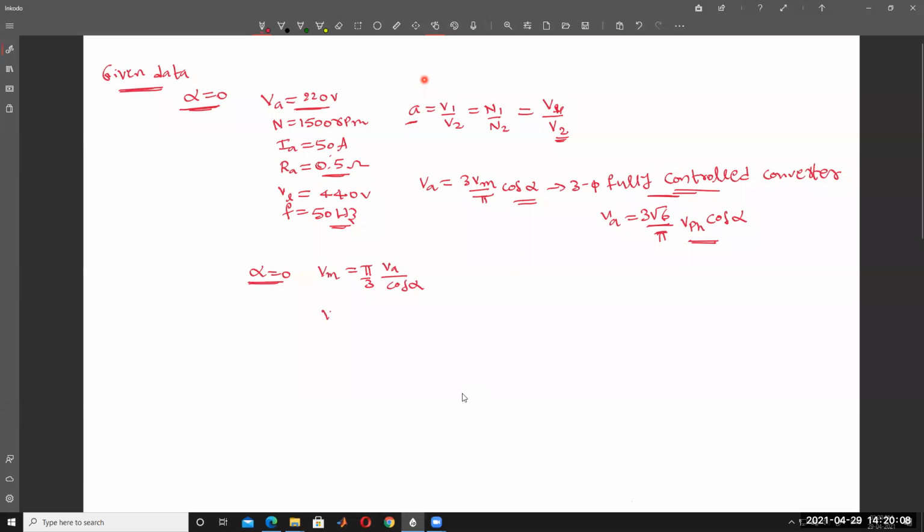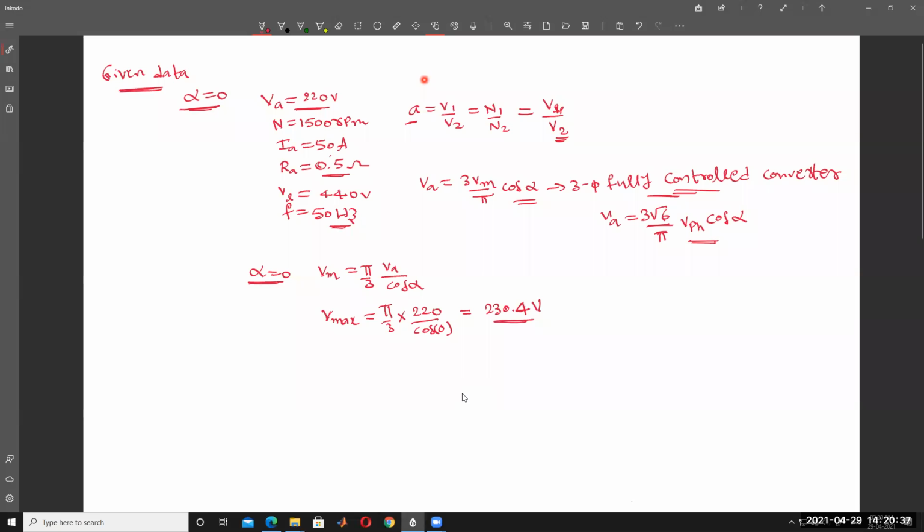Then Vm is equal to pi by 3 into 220 volts divided by cos 0, which is 1. So we get approximately 230.4. Verify whether this answer is correct or not.